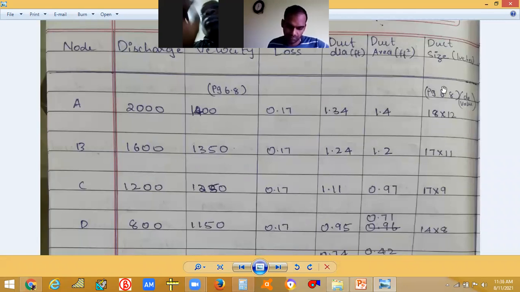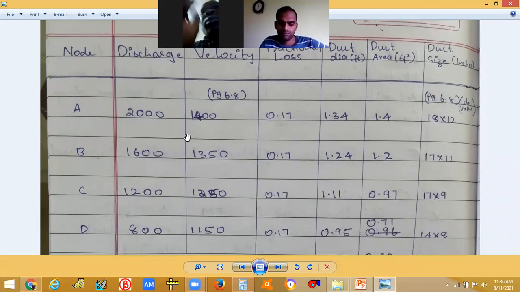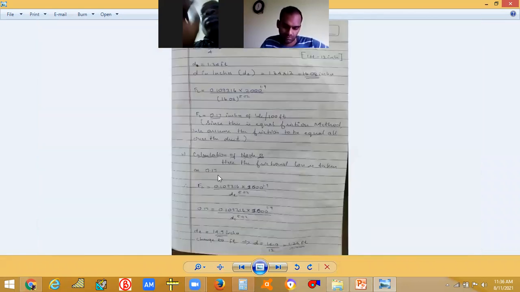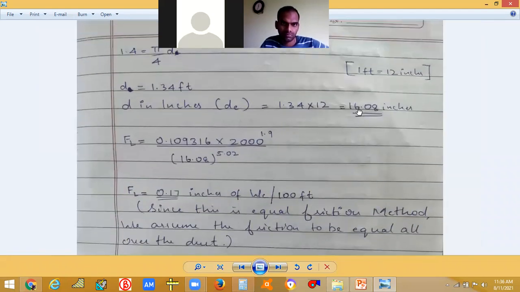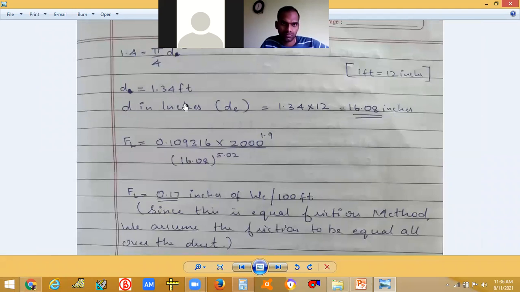So here the duct size we have to see in inches. What we have to do is that we need to know the duct size in inches. What was our duct size in inches in node A? It was 16.08, right? Diameter in inches, 16.08. So we are going to find the dimension of the rectangular duct.